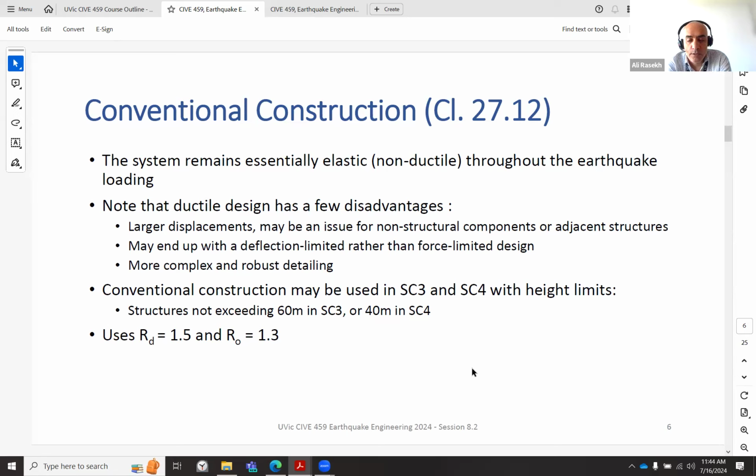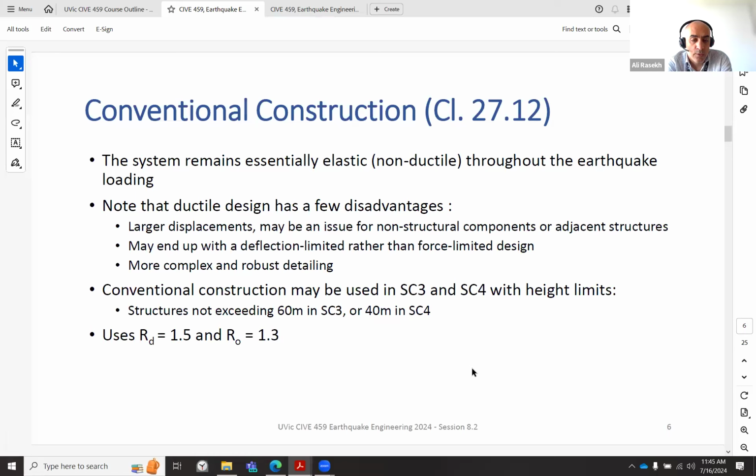Conventional construction may be used in seismic category 3 and 4 with height limits. For seismic category 3, it's 60 meters, and seismic category 4 is 40 meters. So if the conventional non-ductile design is used in a structure, there is a height limit for different seismic categories, because the higher seismic categories see a higher earthquake demand, and therefore we cannot go too tall if we cannot provide ductility.